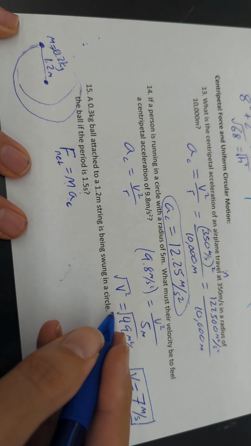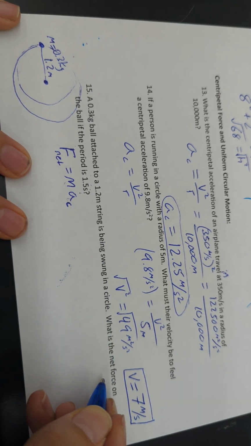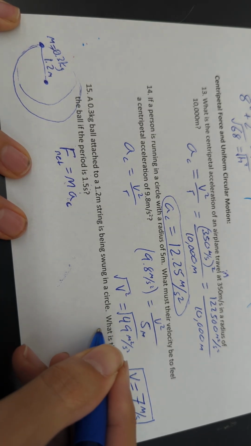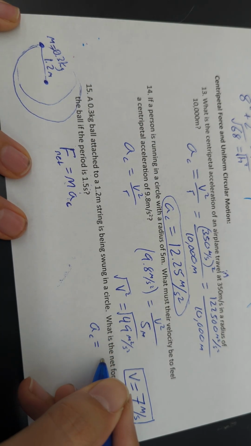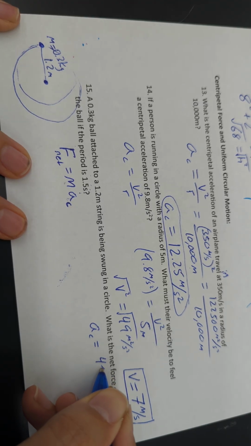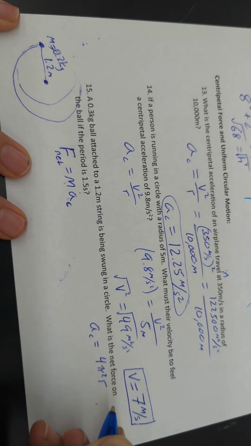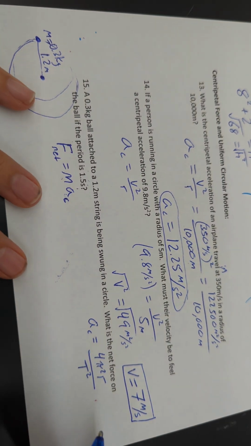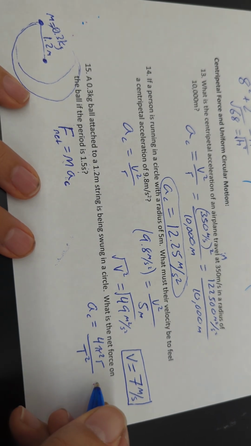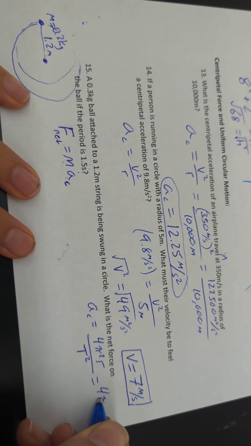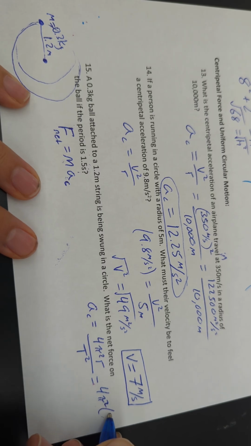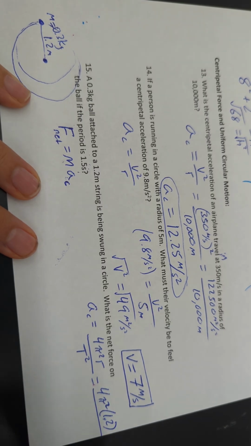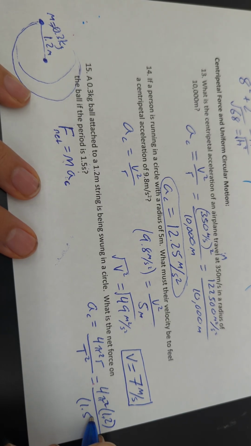So we are given a period. So we're going to write that equation down to find acceleration. That would equal 4 pi squared r divided by T squared. T would be that period. So just by plugging in some numbers, 4 pi squared, r is 1.2, and T is 1.5 squared.